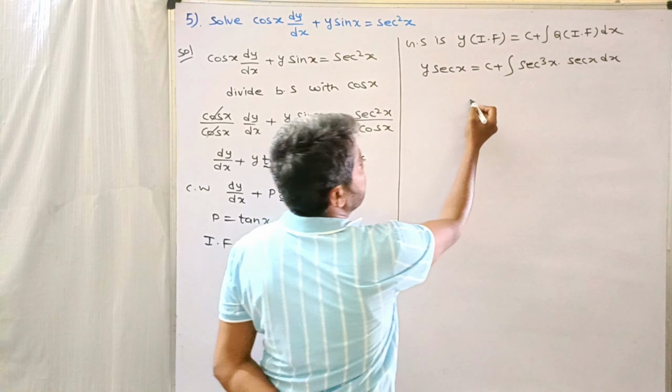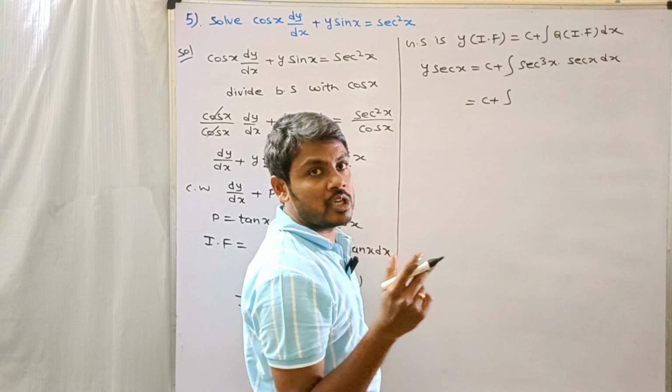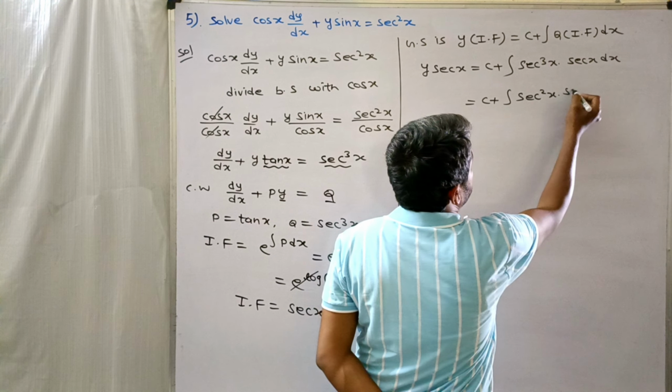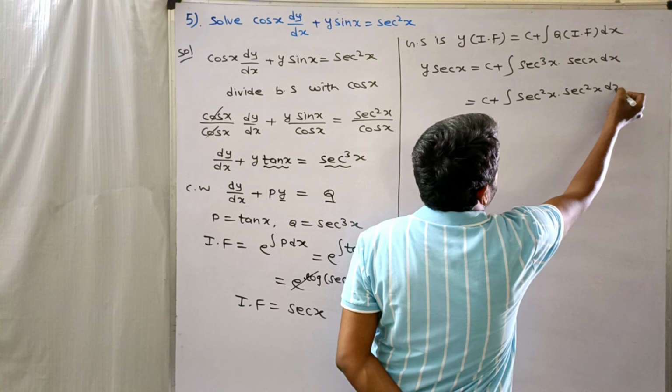So clearly, c plus integral secant cube x into secant x is secant power 4. Again secant power 4 is written as secant square x into secant square x dx.